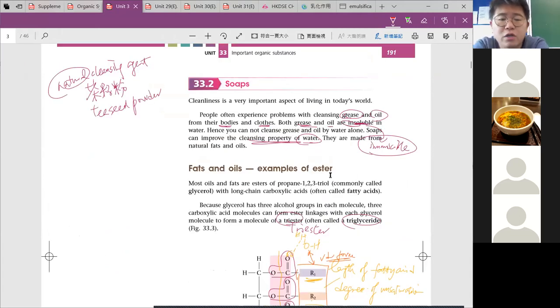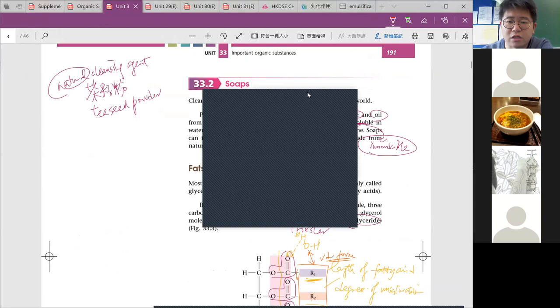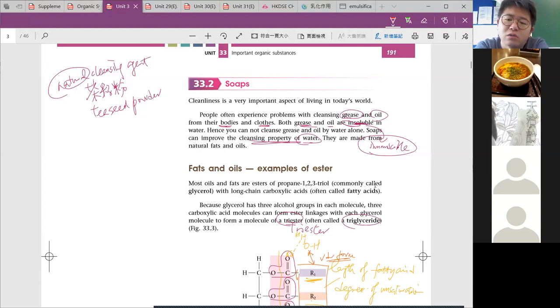The use of soap is to improve the cleansing property of water, because water has a very high surface tension, so you have to do something in order to reduce the surface tension of water, such as to wet the material more thoroughly.